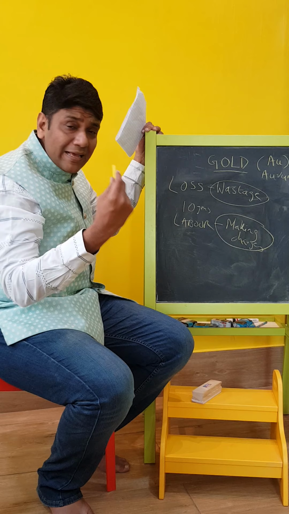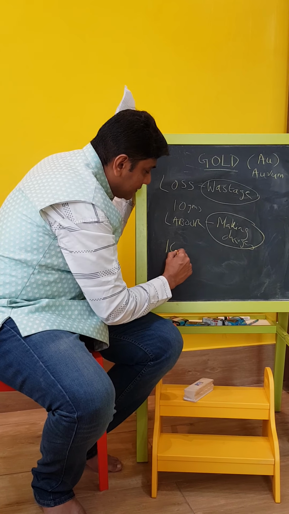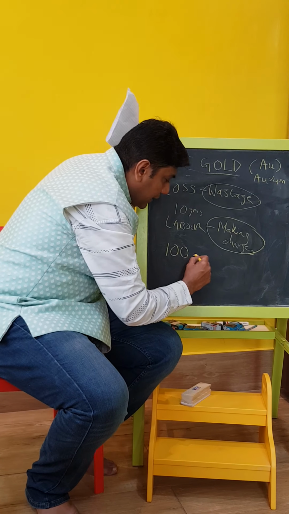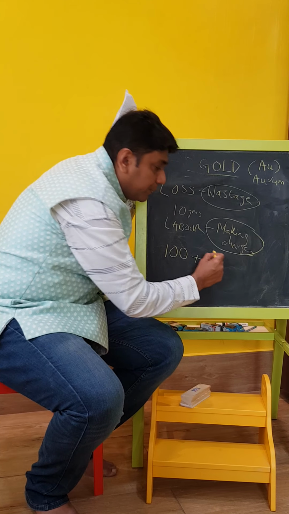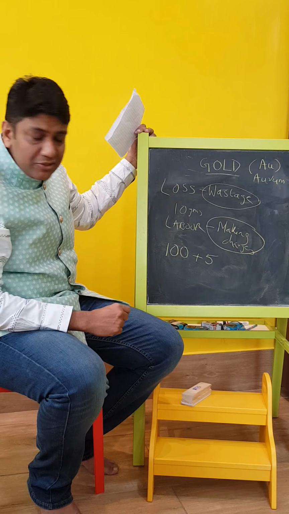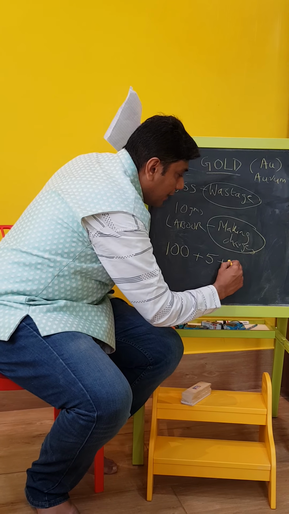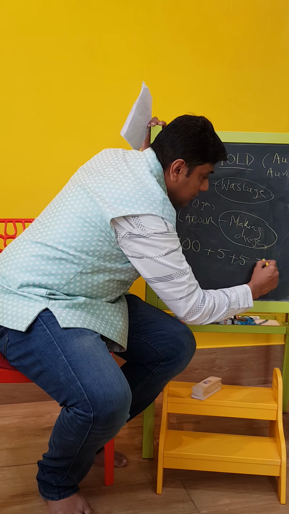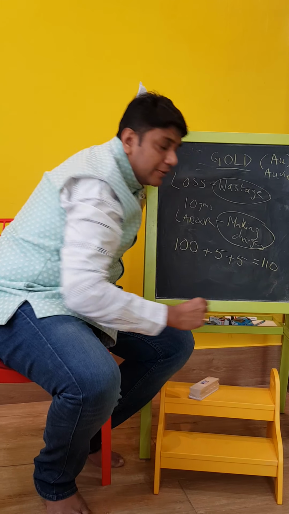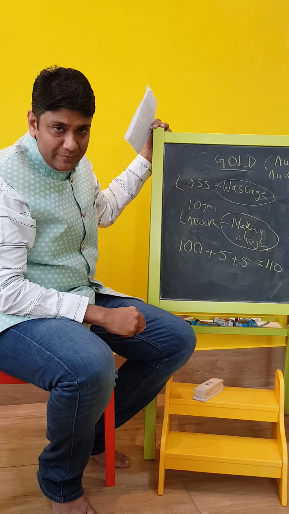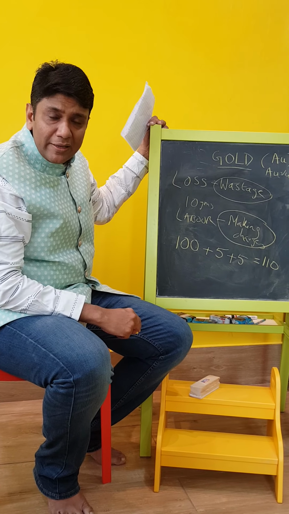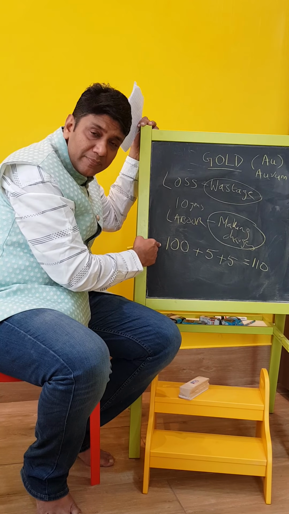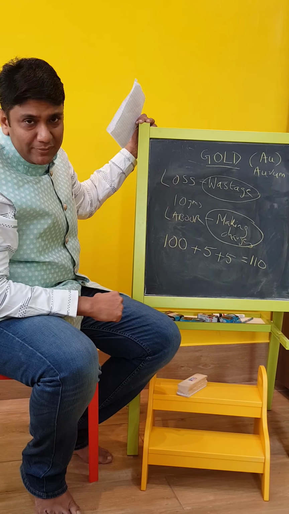It means, for example, if 100 rupees is the cost of gold and 5 rupees is the wastage and 5 rupees is the making charge, 110 rupees becomes the cost price. So at what price does this goldsmith give it to the manufacturer?